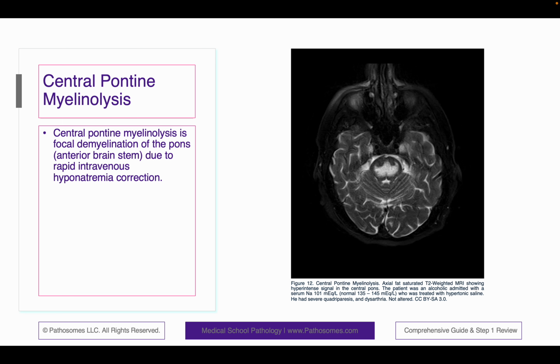Now let's talk about another very important, very high yield condition called central pontine myelinolysis. Central pontine myelinolysis is focal demyelination of the pons due to rapid intravenous hyponatremia correction. And this happens at the level of the anterior brainstem.